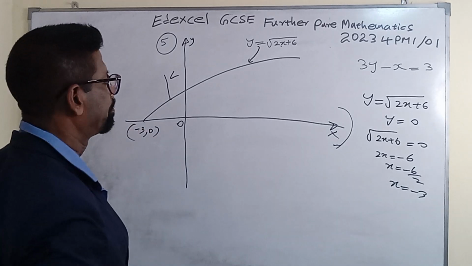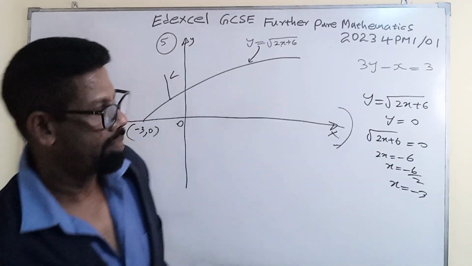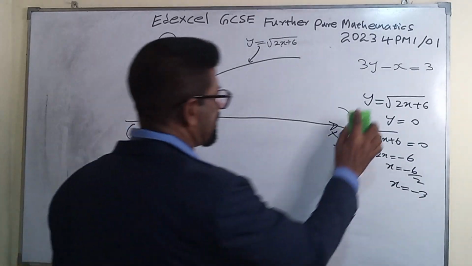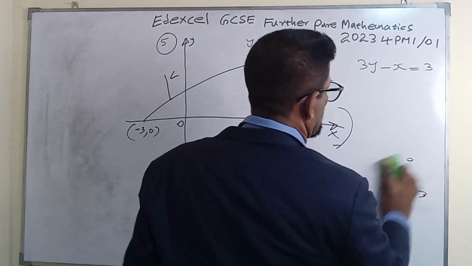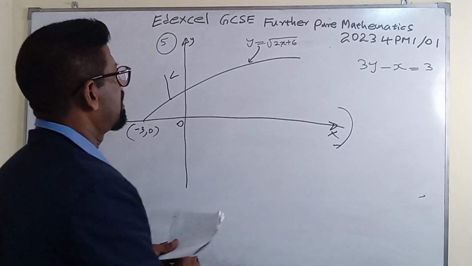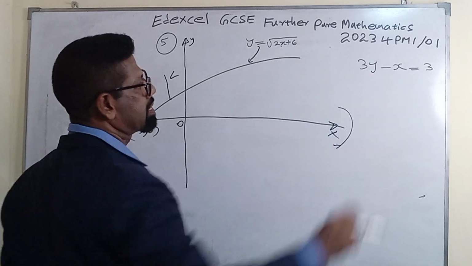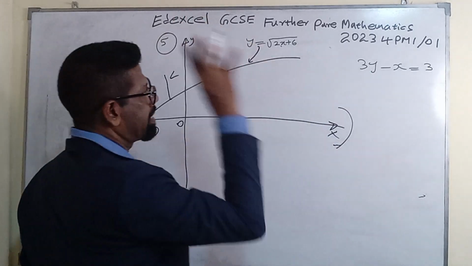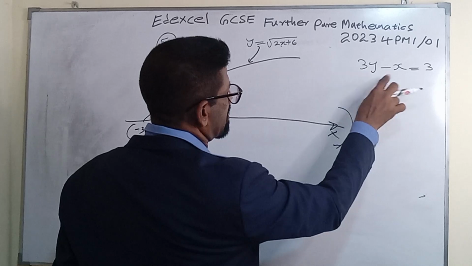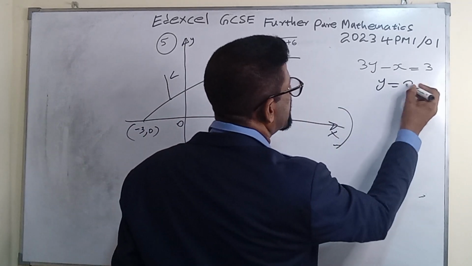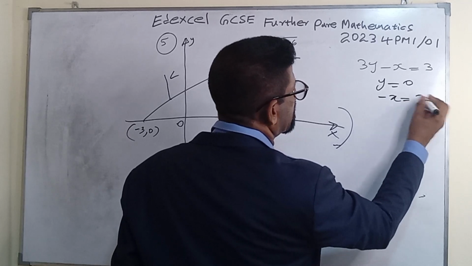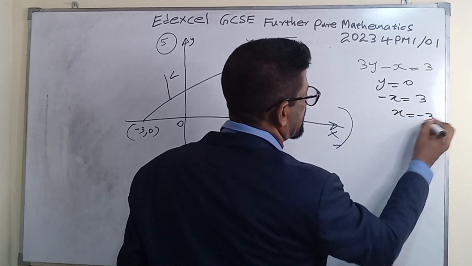That's the point. Right. Now we are going to find the straight line for the finite region. The straight line is 3y minus x equals 3. Put y equals 0, then you can find the x value. So with y equals 0, minus x equals 3, so x should be minus 3.